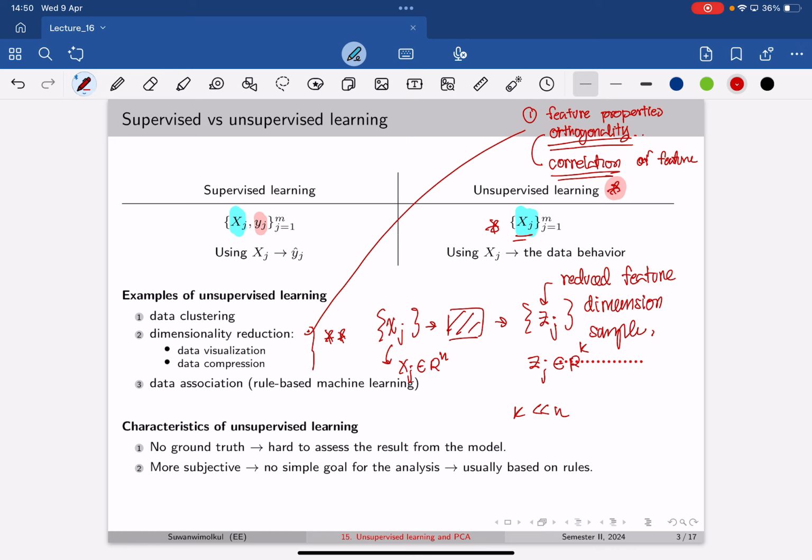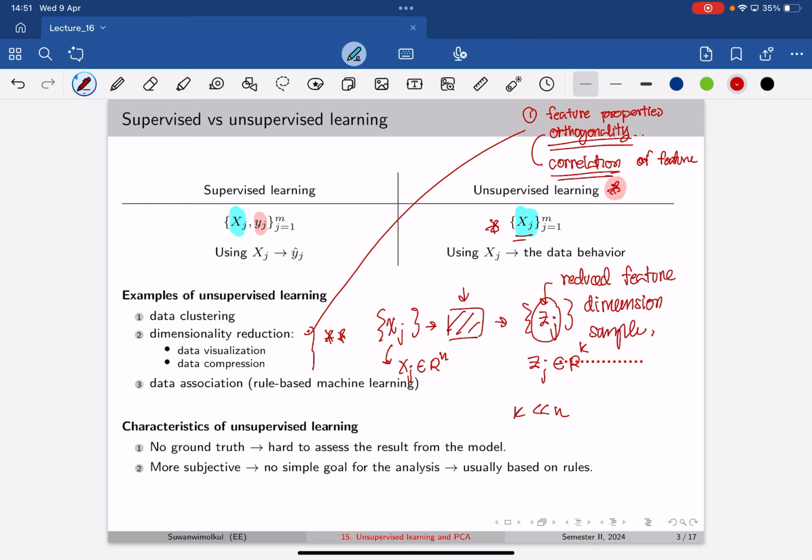This is dimensionality reduction because you pass whatever input into some black box and you get a reduced feature vector. But the important property that this black box needs to have is that once you reduce your feature, that feature should be meaningful.